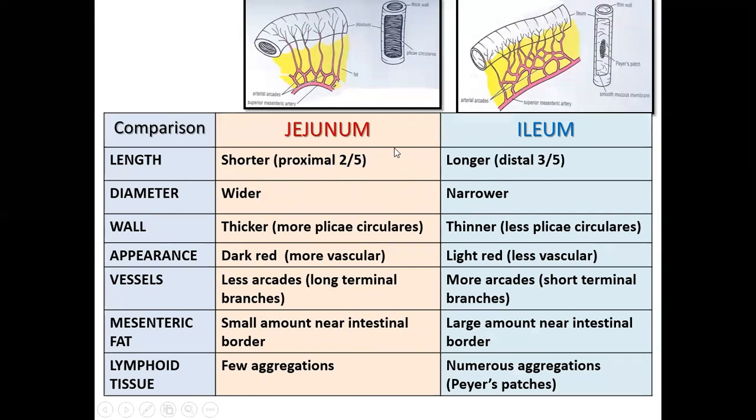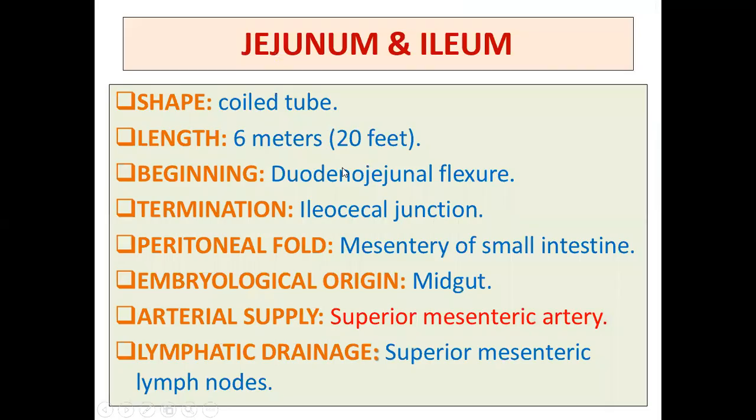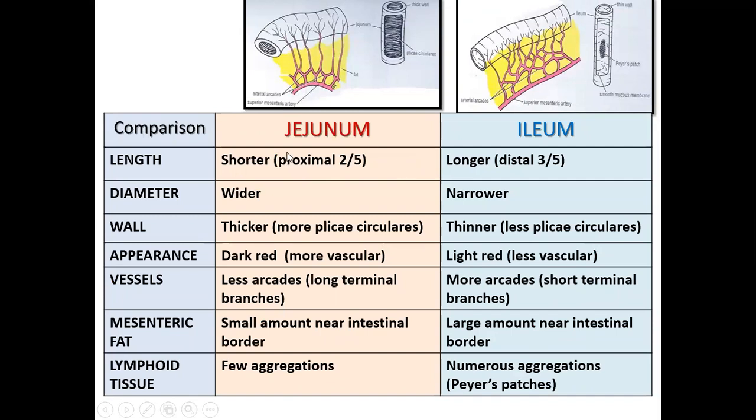If we divide the whole small intestine into 5 parts, 2 parts will be for the jejunum and 3 parts for the ileum, so the ileum is longer. It is 6 meters, so almost 2.5 meters will be jejunum, and 3.5 meters will be ileum.